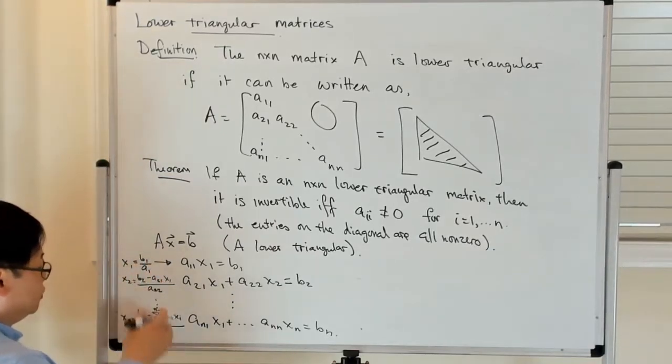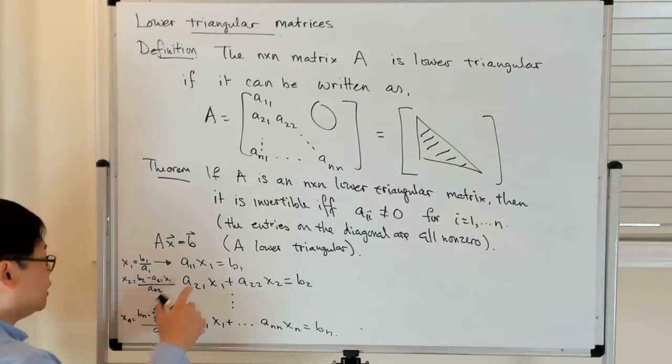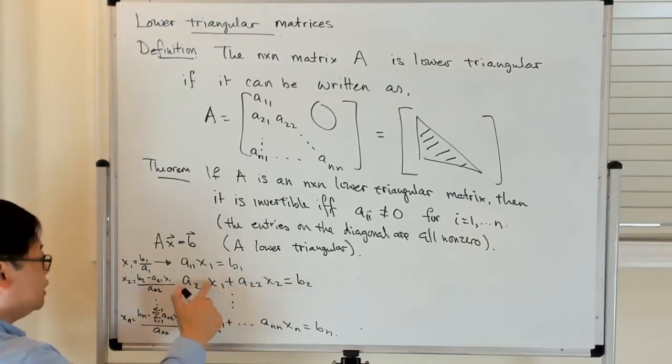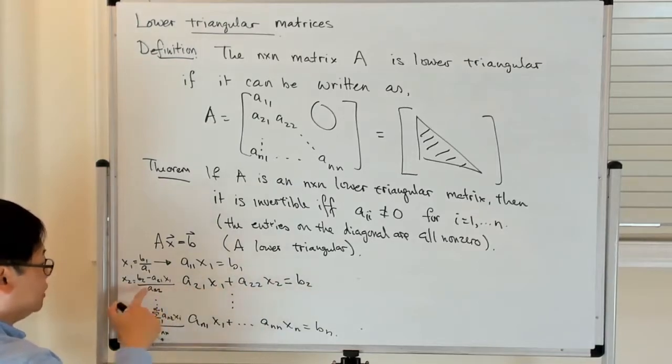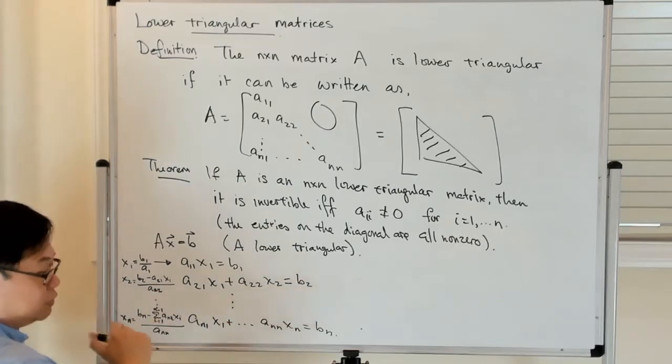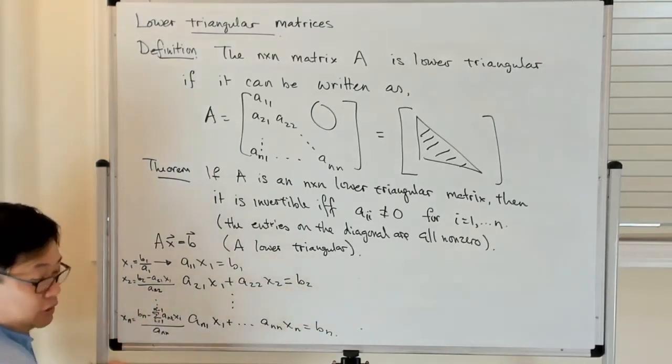Okay, so this is what is going to be called forward substitution, because you solve for x1, you substitute that into the next line. x1 is obtained from this, you know x1. You can then use it to solve for x2. Then the next equation will involve x1, x2, and x3. You know x1 and x2, so you need to solve for x3.